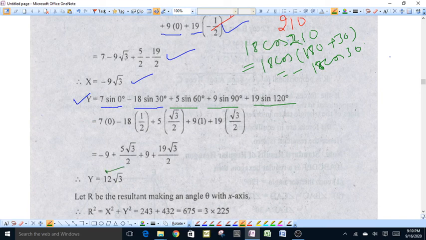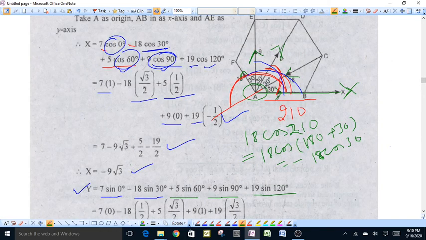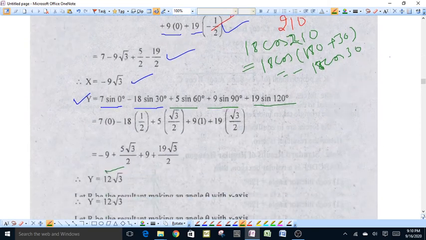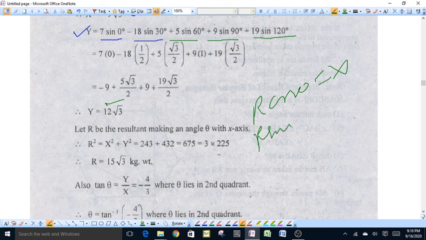Now suppose the resultant of all these forces is equal to R, which makes an angle theta with the positive direction of the x-axis. Then the x component of this resultant, R cos theta, is equal to X, and R sin theta is equal to Y, the sum of the y components of all the individual forces.